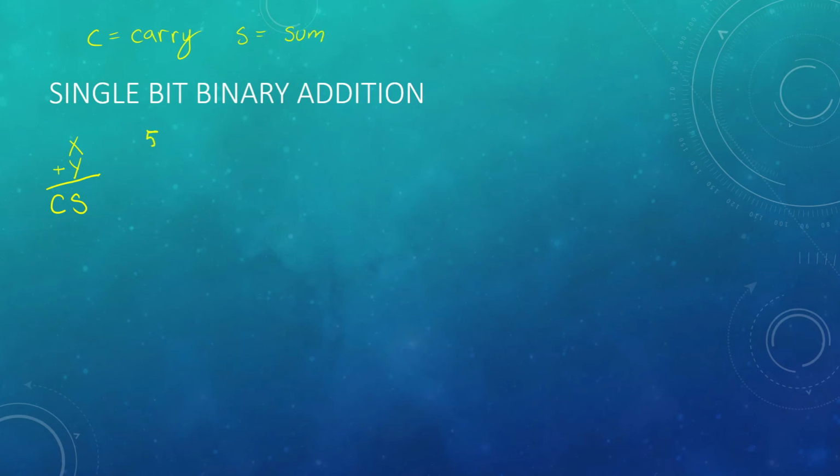Say we're doing 5 plus 6. It's going to be 11, easy, right? But the way that we do it in this form is that we have 1 and we bring over the 10, which is 1. We bring over the 1 and it's 11. So this is the carry since we're bringing that 10 over, and this is the sum.